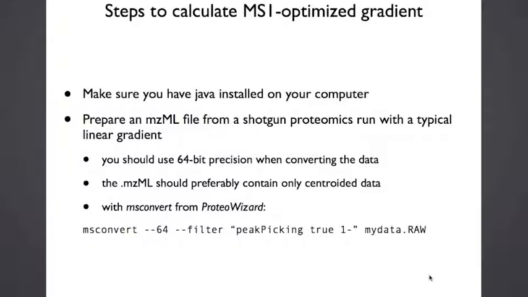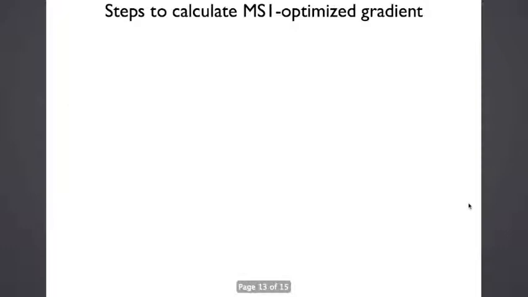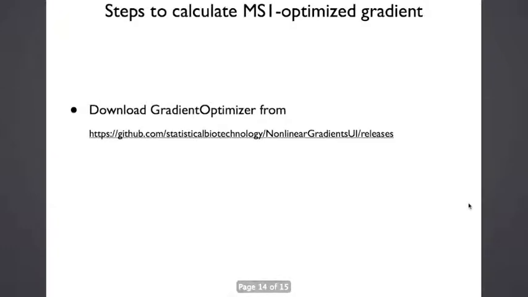You can use any other software as long as you keep in mind these two observations: the 64-bit precision, and please use centroided data. Once you have your mzML file ready, the next step is to download the GradientOptimizer tool from the link given here. So I'm just going to copy this link into my browser.